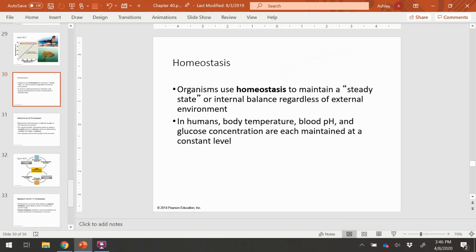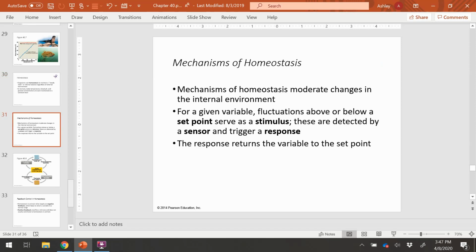But one type of regulation that we want to look at is homeostasis. Homeostasis is when organisms maintain a steady state or internal balance regardless of the external environment. For us humans, body temperature, blood pH, and glucose are all maintained at constant levels no matter what's going on in the environment.